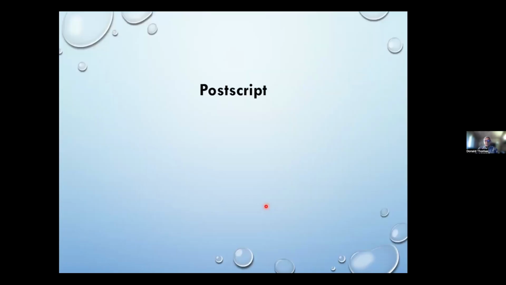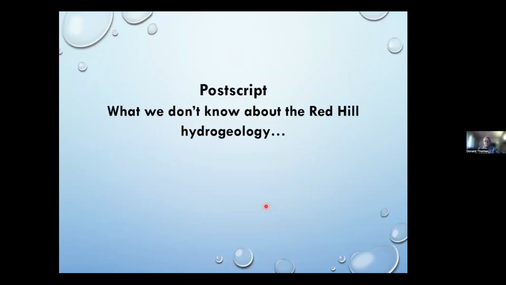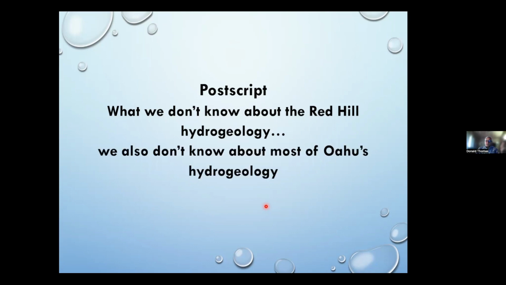And finally, I would add a postscript, and this is in anticipation of a question that I've actually been asked. Well, if the tanks are going to be shut down, why are you going to do all of this work? And my answer to that question is, what we don't know about Red Hill hydrogeology, we also don't know about most of Oahu's hydrogeology.